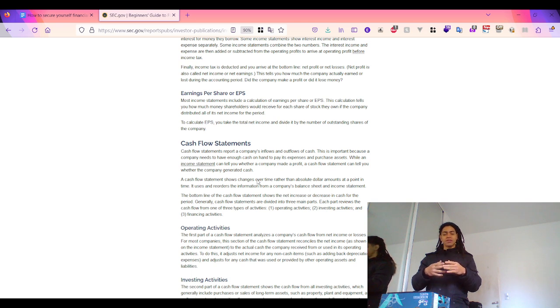property, plant, and equipment, and prepaid expenses such as insurance premiums, like health, home, vehicles, liabilities, long-term care, disabilities.